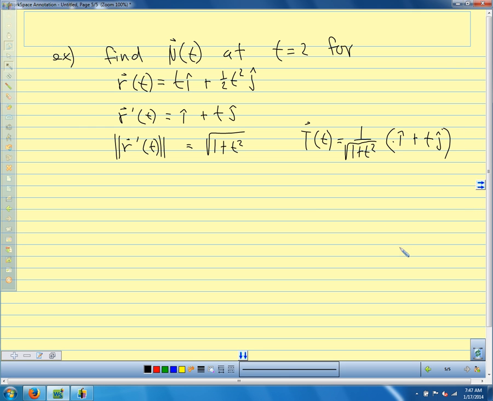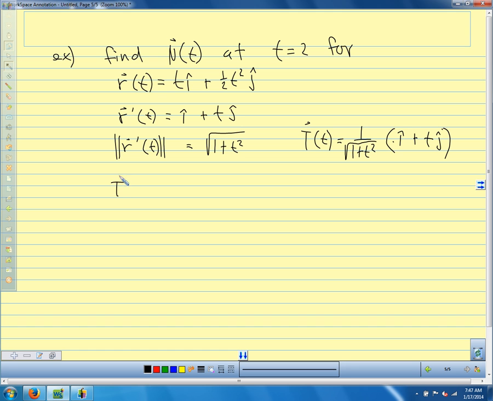Now to find our unit normal vector, we have to find t prime and the magnitude of t prime. And this quantity represents t. So just right away you can see that this is going to involve a little bit of work. So let's find t prime.